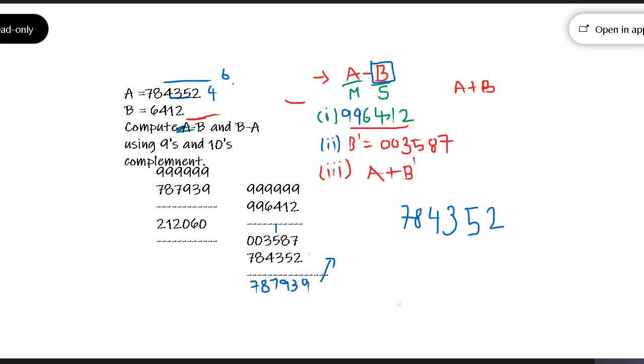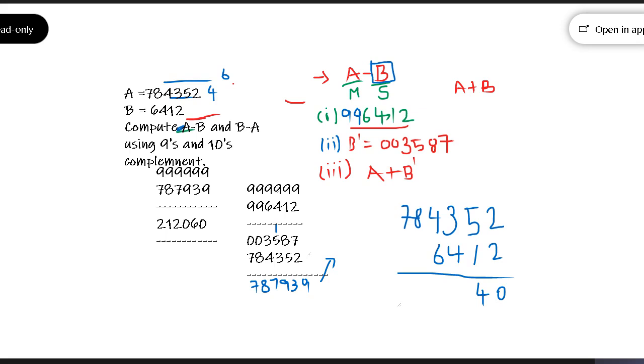So directly I am doing the subtraction: 2 minus 2 is 0, then 5 minus 1 is 4. So I'll strike this and take the value here.